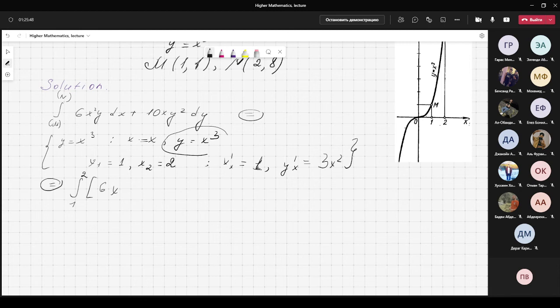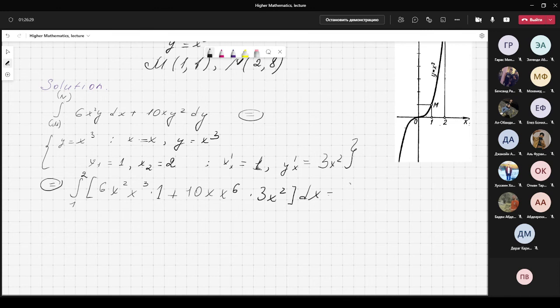It means y is x cubed, so x squared times x cubed, plus 10x times y squared, which is x to the power of 6, times y prime of x, 3x squared, dx.